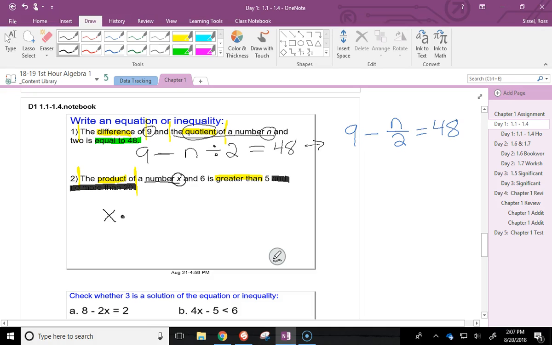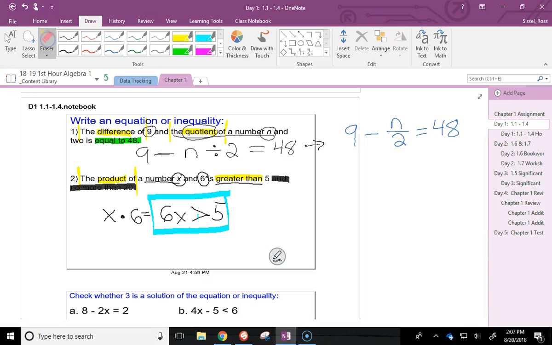So of number x and 6. So I have x times 6, which is the same as 6x. And then I have greater than 5. So when I look at this, my first part should be the product of a number x and 6 is greater than 5. So 6 times x is greater than 5.